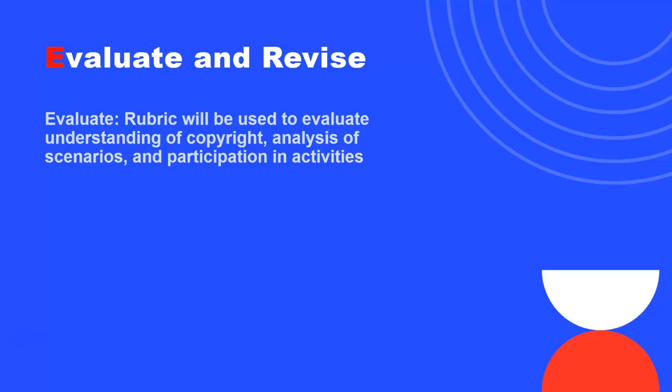I will be using a rubric to evaluate students' understanding of copyright, the analysis of scenarios, and participation in activities. The rubric is 1 point for satisfactory: the students will show some understanding of copyright, but struggle with examples.